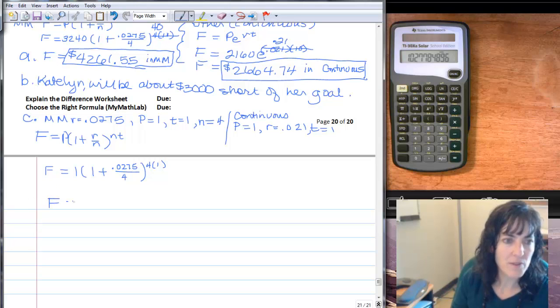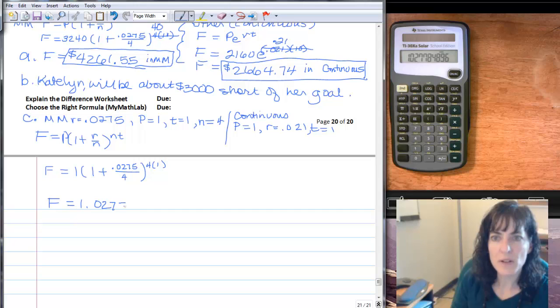So it'll be F equals 1.02778. And I need to go at least 6 spaces. So the next one would be a 4. The following digit's an 8, so I have to bump it up to a 5. So 1, 2, 3, 4, 5, 6 digits is what I need for APY.